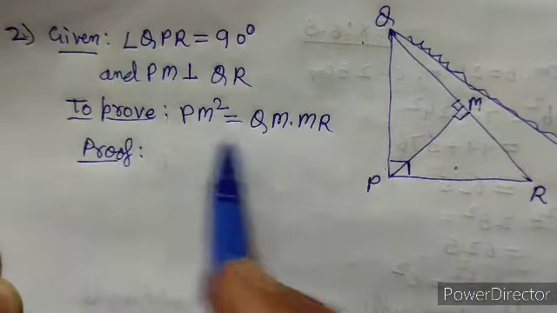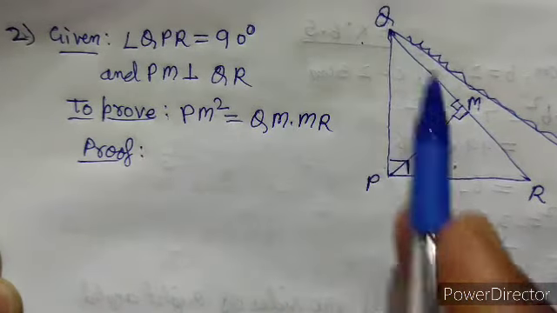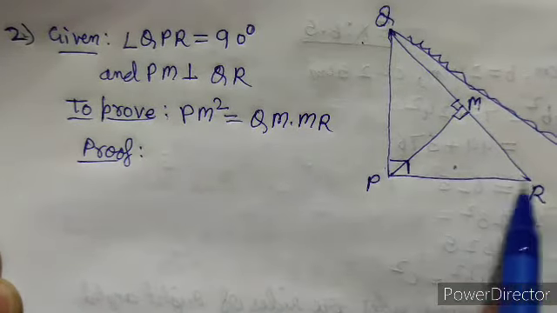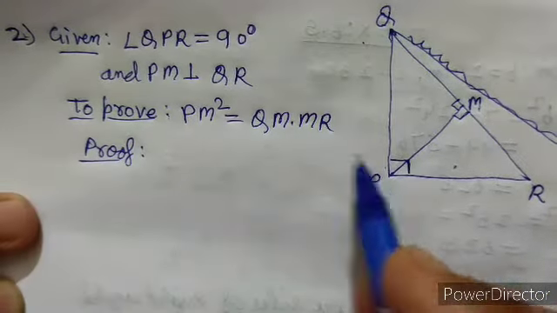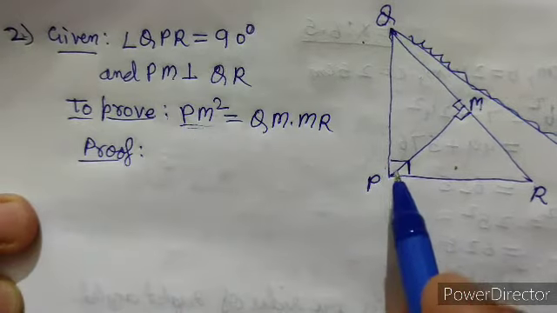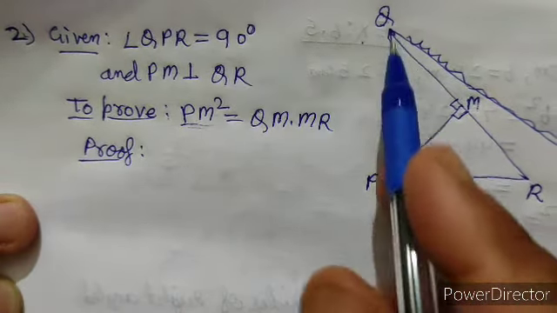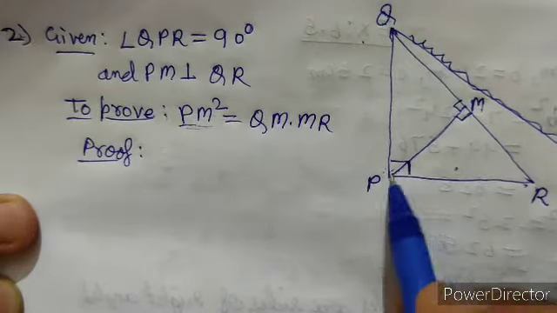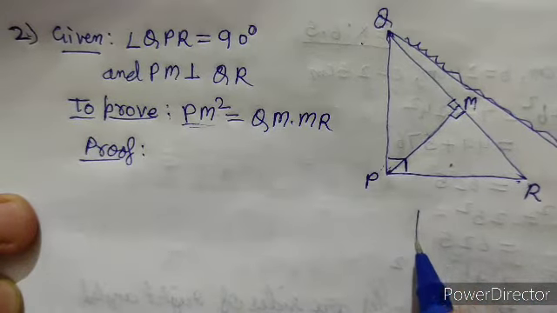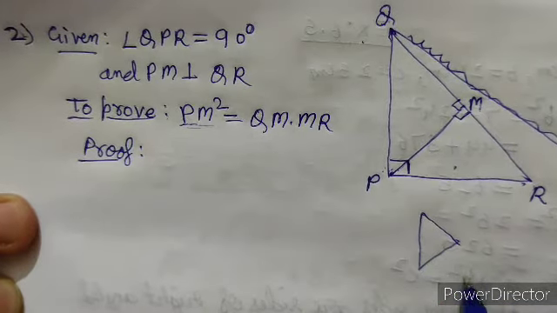Now we have to prove that PM square is equal to QM into MR. Now here we have to find the value of PM square, and PM is a common side of triangle QPM and RPM. So we will prove these two triangles similar to find the value of PM.